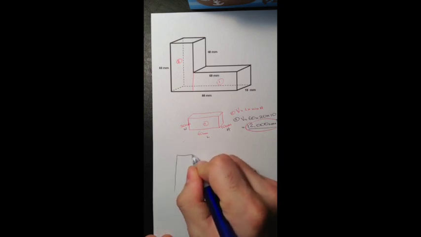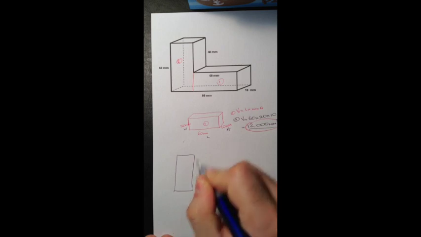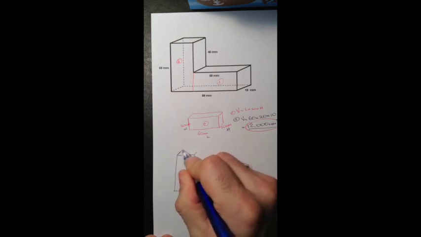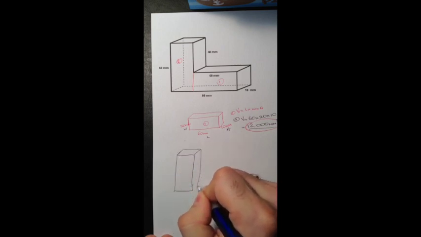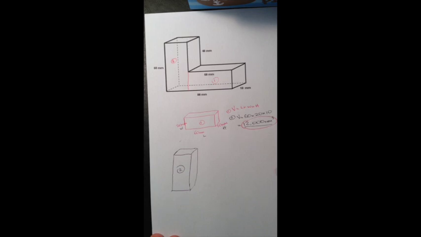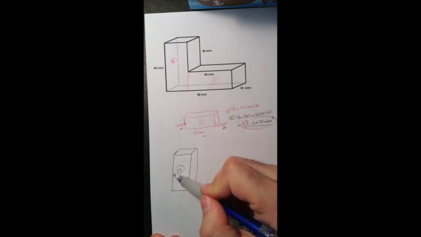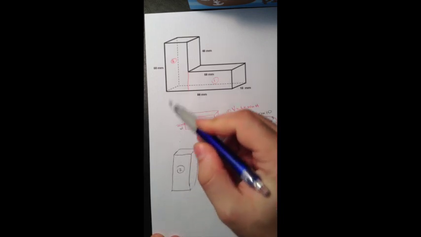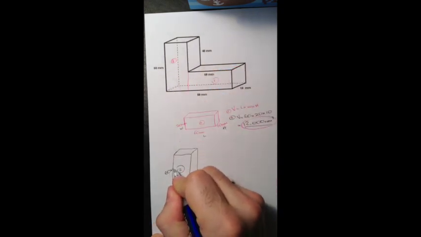So if we draw this nice and quickly, just like that, okay, and we call it shape number 2, all right, we can again label it appropriately with the numbers that we know. So if we look, we know that this side here is corresponding to this side on our shape, so that's going to be 60 millimeters.